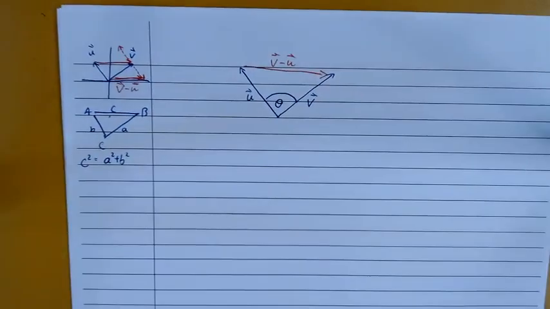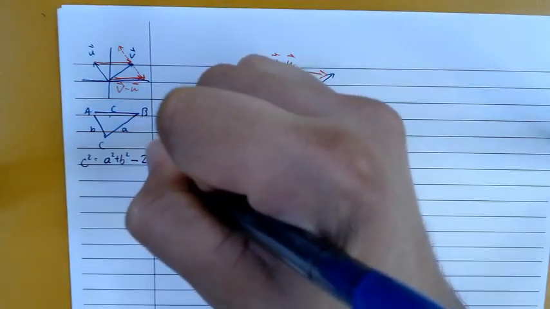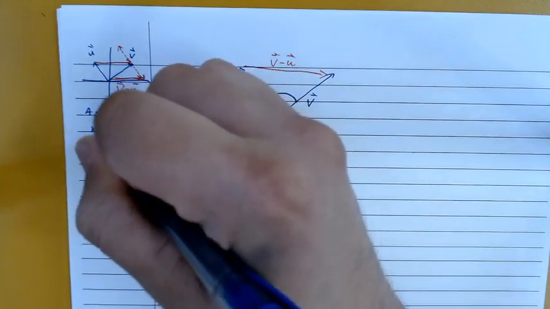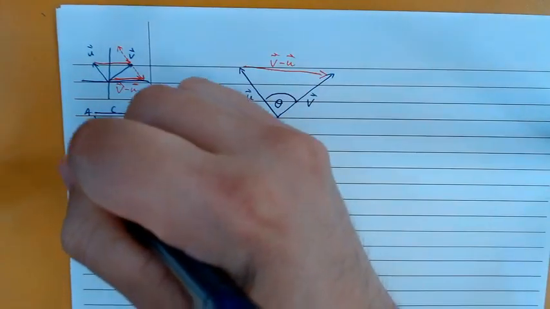It almost looks like the Pythagorean theorem, but then you have minus 2ab times the cosine of the big angle C. Like that. That's the law of cosines from trigonometry.